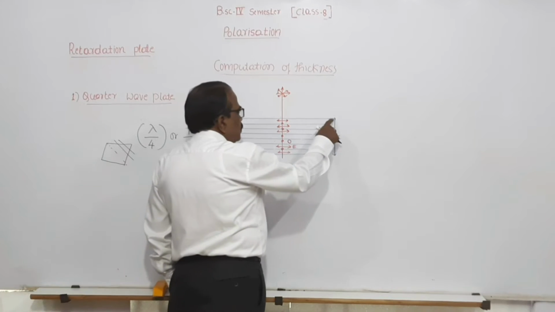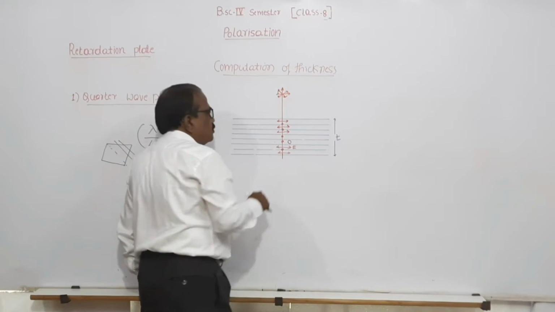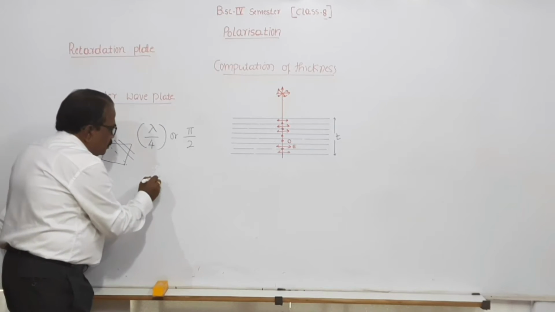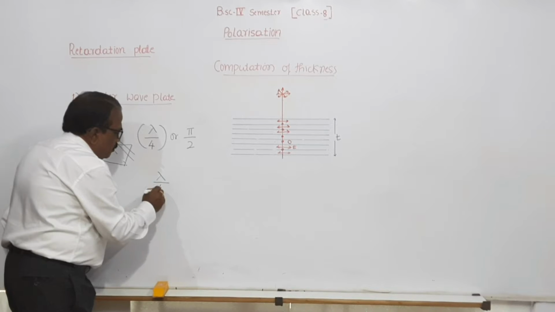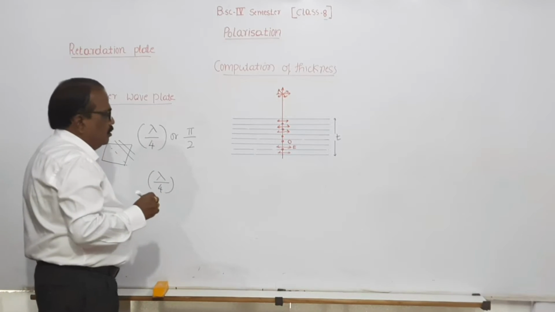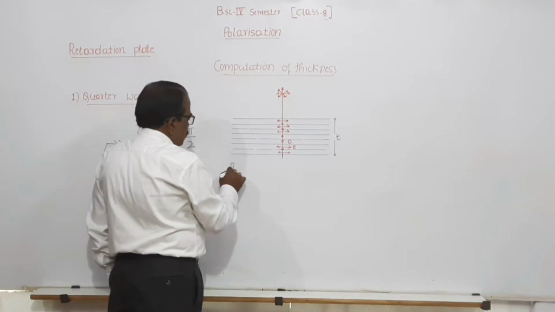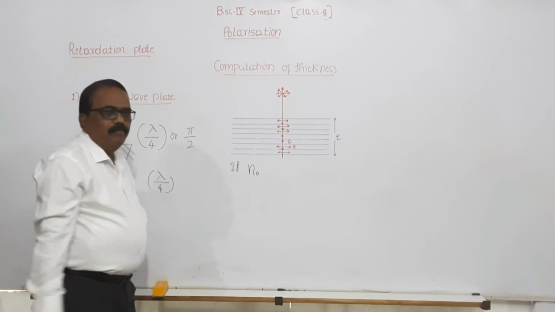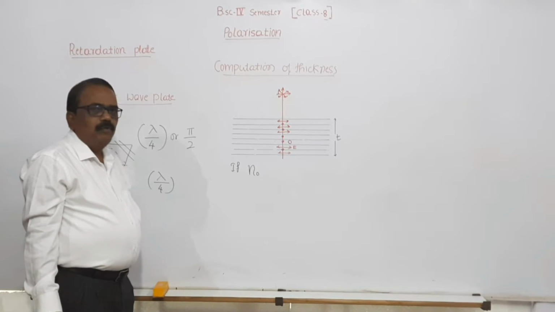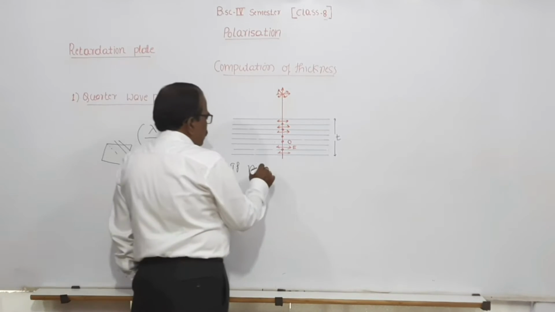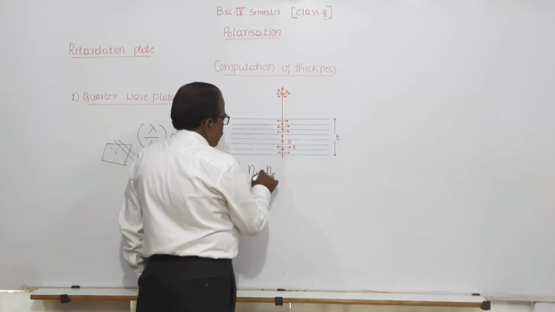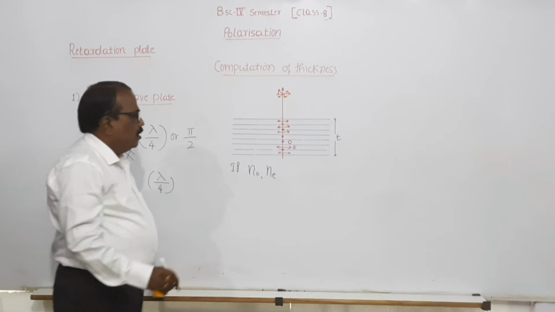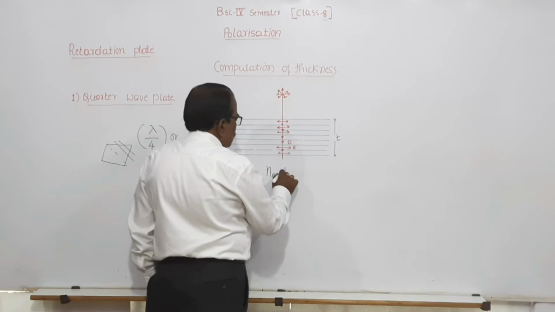So the thickness of the plate is chosen such that it produces a path difference of lambda by 4. If NO is the refractive index of the ordinary ray, NE stands for the refractive index of the extraordinary ray, and T is the thickness of the plate.